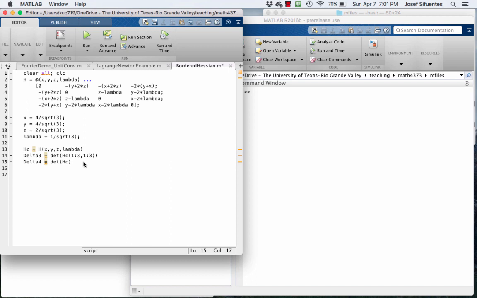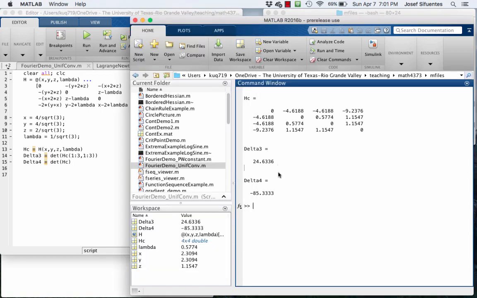So if what I found was truly a maximum, then according to the theorem, I should be able to conclude that it's a maximum if delta 3 is positive and delta 4 is negative. So let's run this and find out. And in fact, I get delta 3 is positive, delta 4 is negative, and this is my bordered Hessian evaluated at the x, y, z, and lambda parts that we solved for.